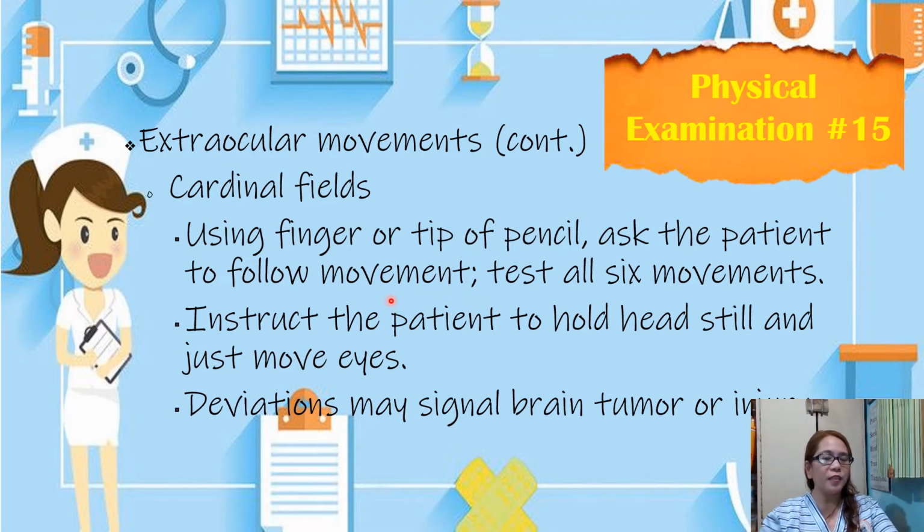You can use your finger or the tip of your pencil, and then ask the client to follow the movement, the six cardinal fields, from the superior, tapos to the inferior oblique, tas back naman, and then to the inferior rectus, and then lateral or medial rectus. So the six movements.